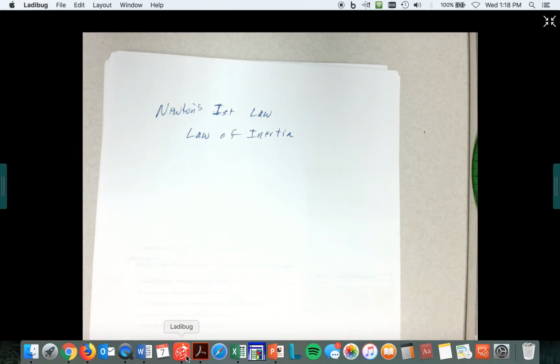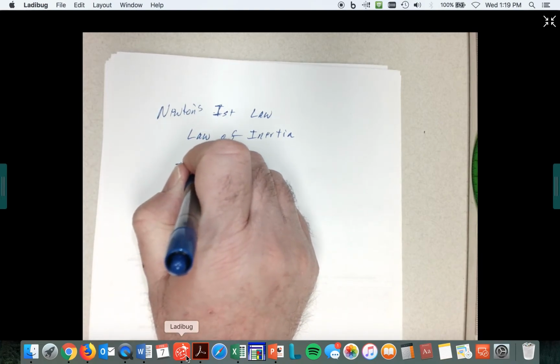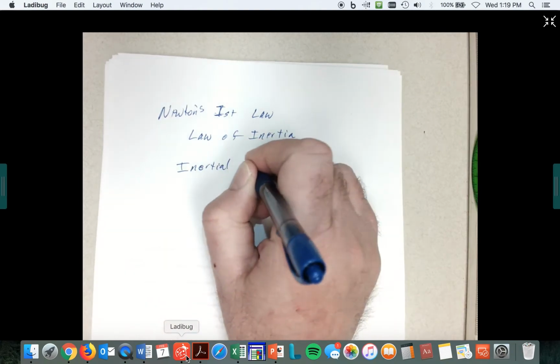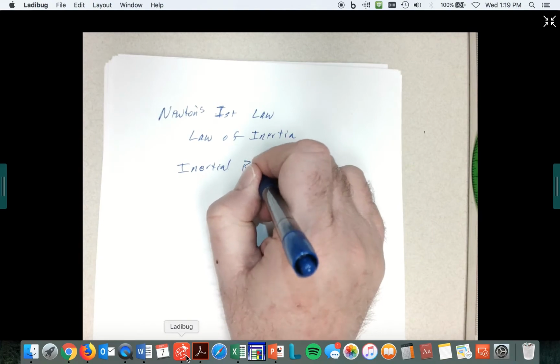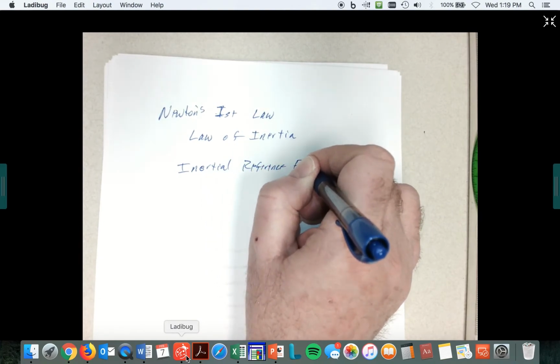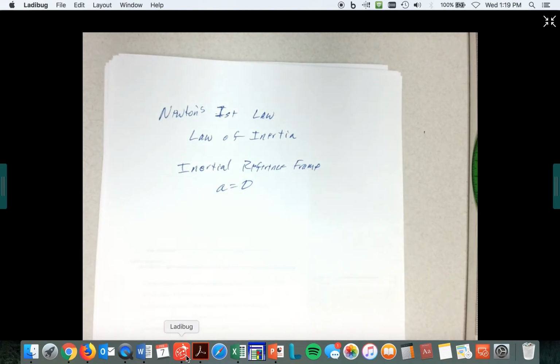Now, this means that you have to imagine an object way out in deep dark space, moving along. It's what is known as an inertial reference frame. That means acceleration is equal to 0.